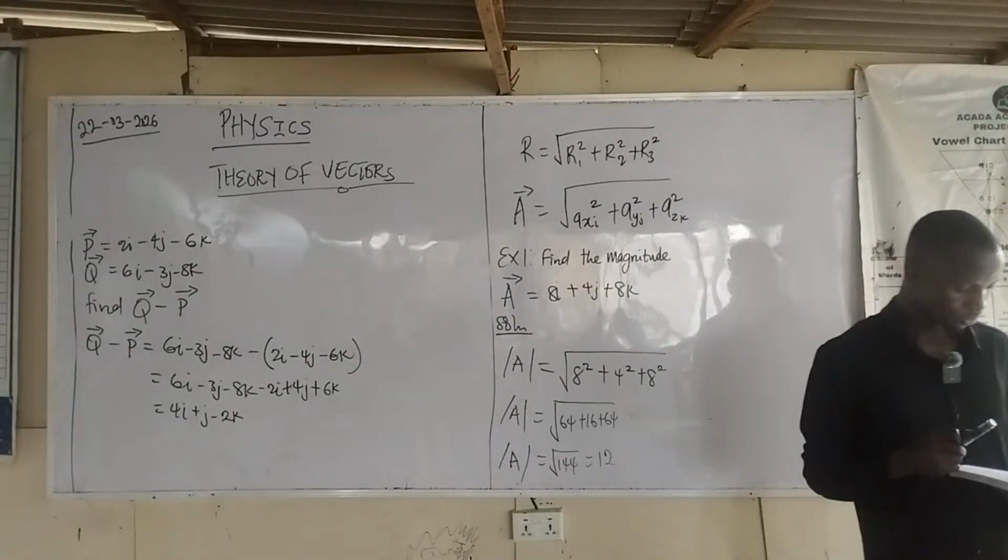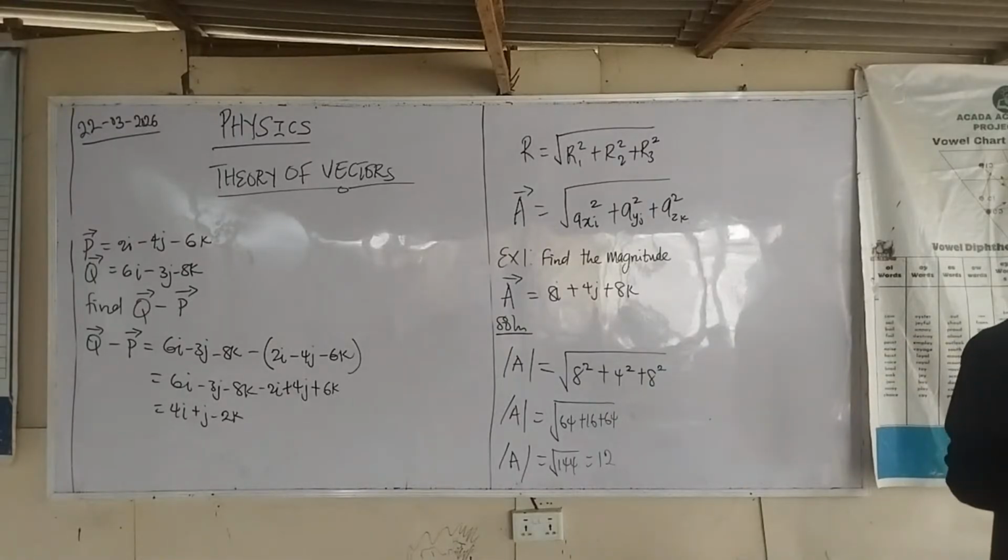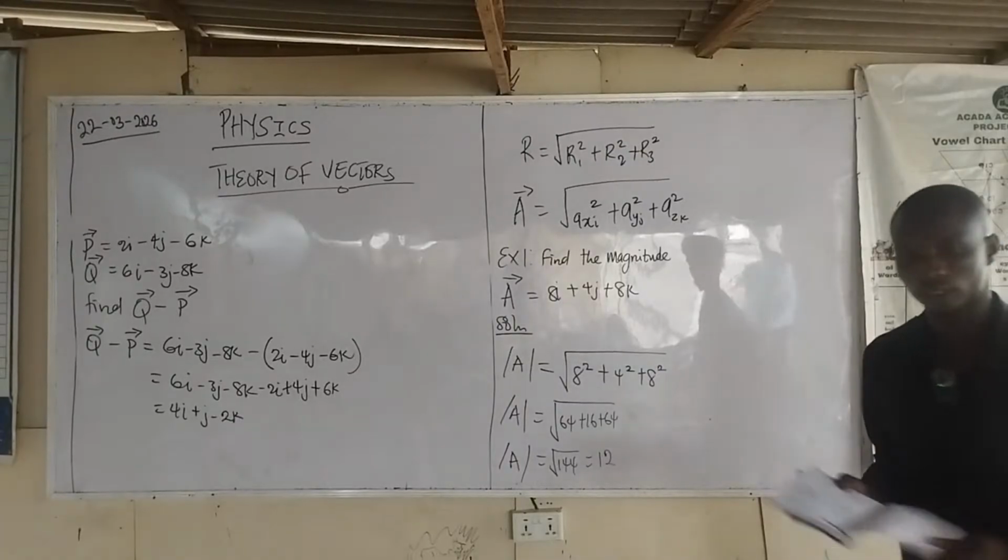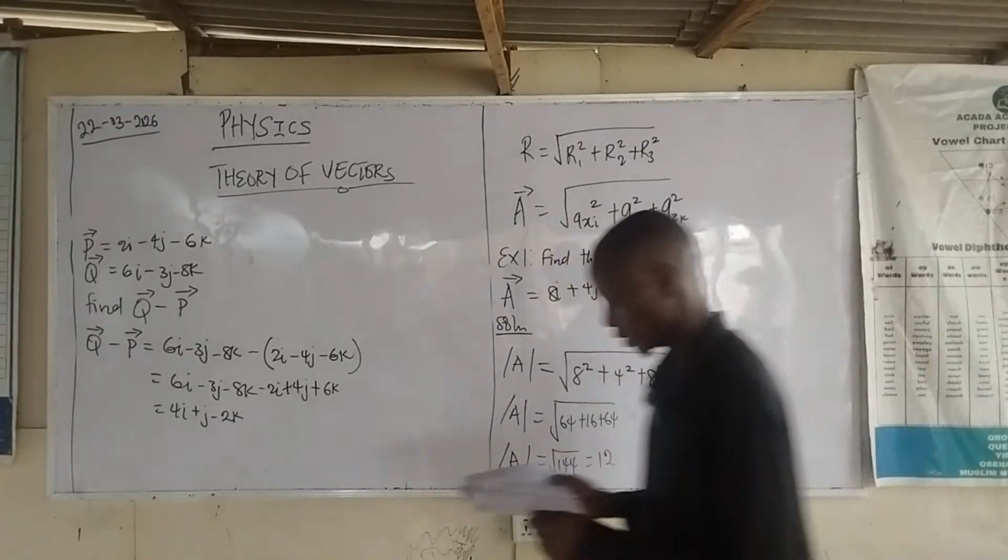Multiplication of vectors. There are two types of vector multiplication.